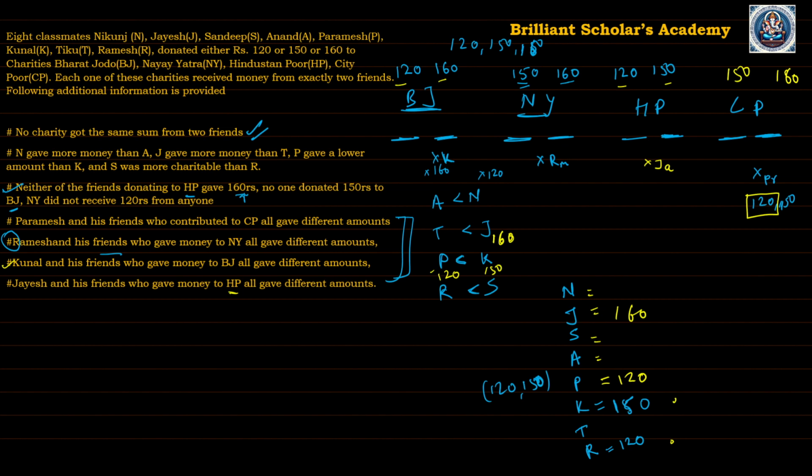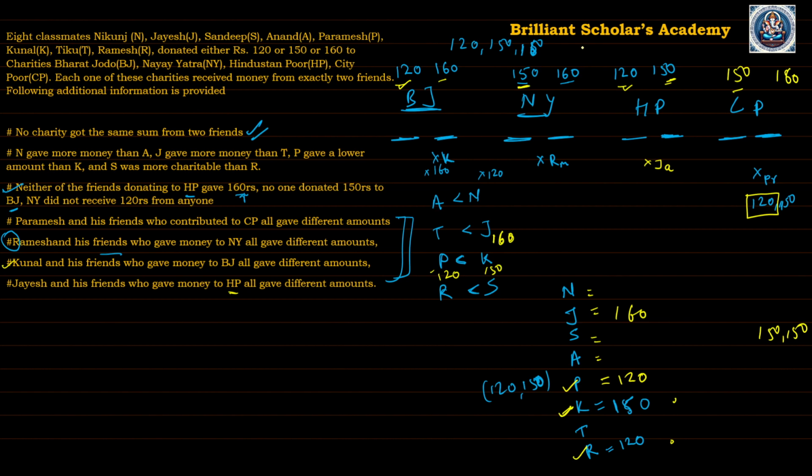Don't panic. Look at the top space here. 120 rupees, 120 rupees, two individuals must be paying. I have taken care of that. Then 150, 150, 150. Three people are paying 150. I have got one person. That means there are going to be two more people paying 150.